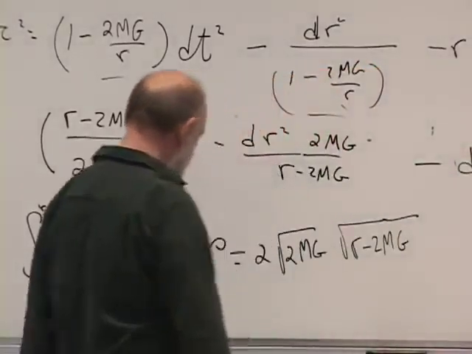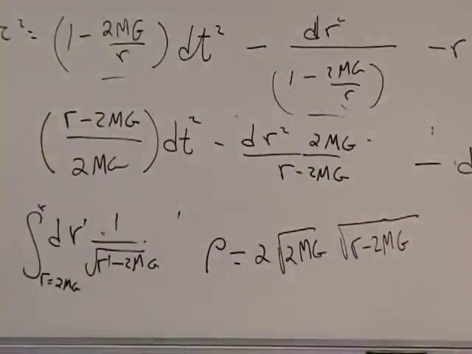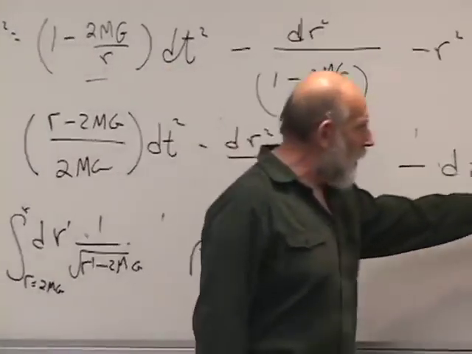That's rho. Again, what is it? It's the proper distance from the horizon to an arbitrary point at distance r.